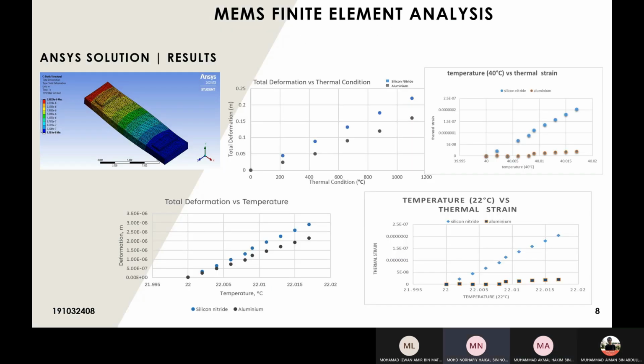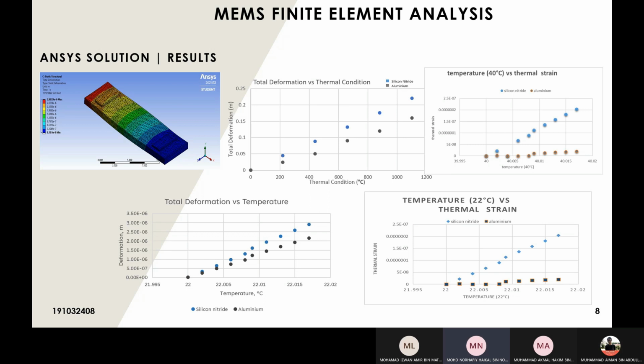This is our result in ANSYS solution. In this picture, we can see the parameter of total deformation versus temperature. Total deformation is the output and temperature is the input. Total deformation will increase along with the temperature. The next graph is total deformation versus thermal condition.